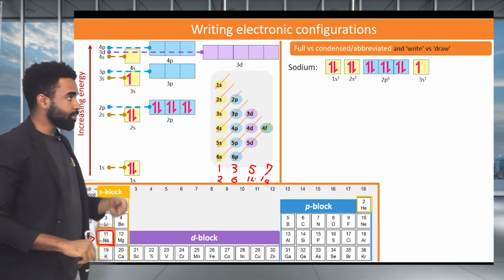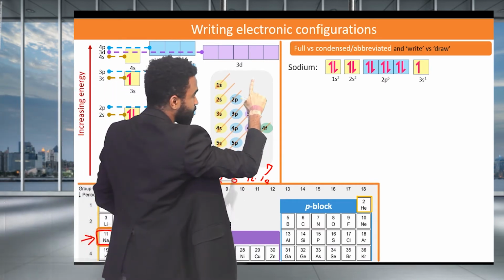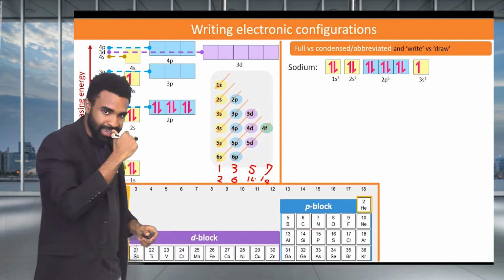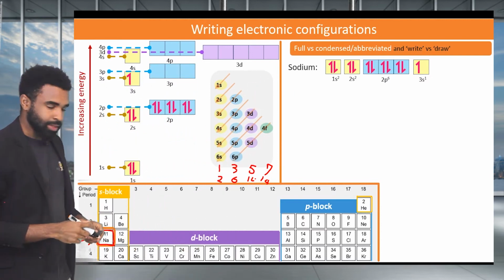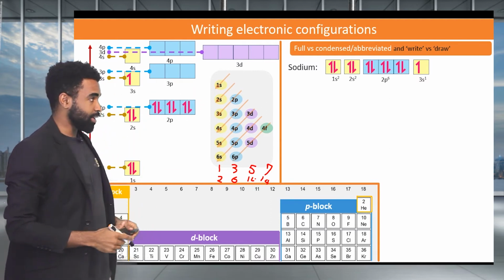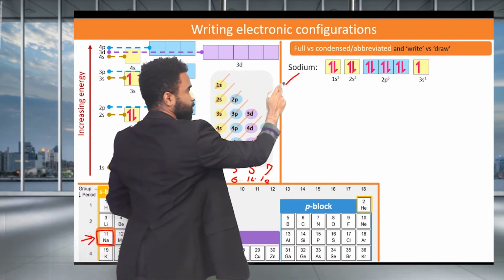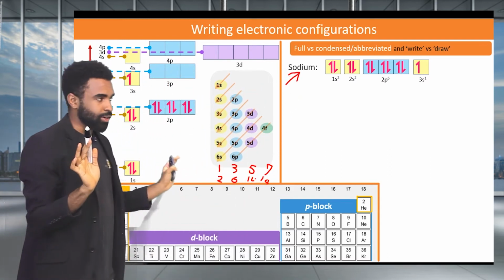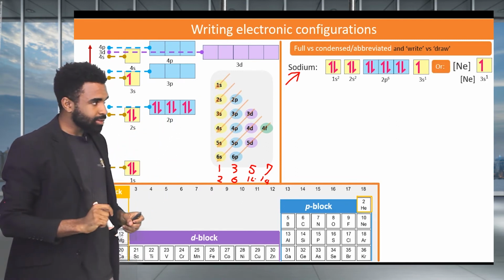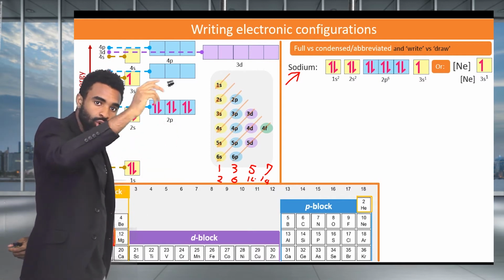Okay, let's move on. The next thing we need to discuss is the difference between a full and a condensed or abbreviated electronic configuration. We'll also describe the difference between writing and drawing an electronic configuration. What is a full versus condensed? This thing we just drew for sodium, that's a full electronic configuration. What is a condensed one? In order to condense a configuration, you take the last noble gas.